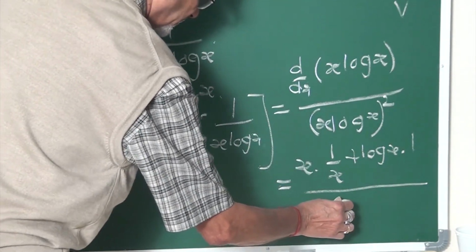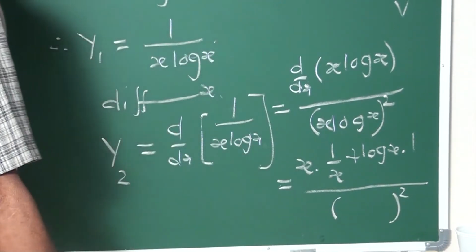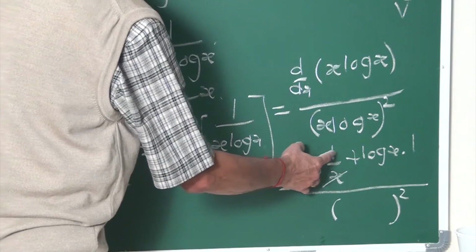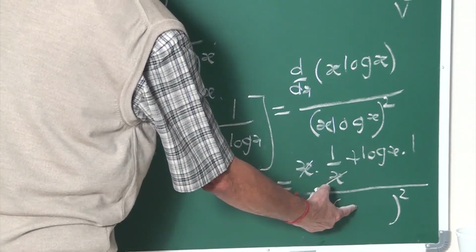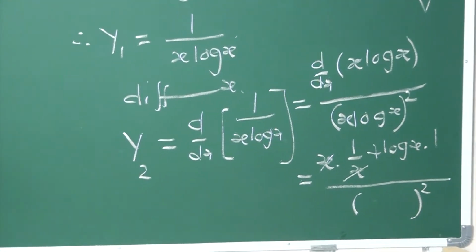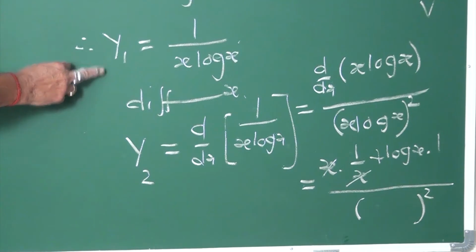Down is x log x whole square. If you simplify this, friend, it is minus 1 plus log x upon x log x whole square. What is this? First and second derivatives.